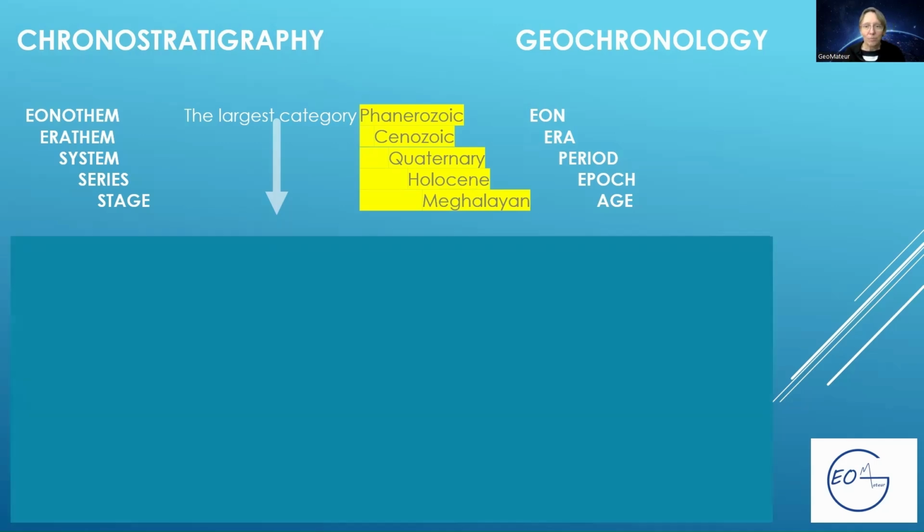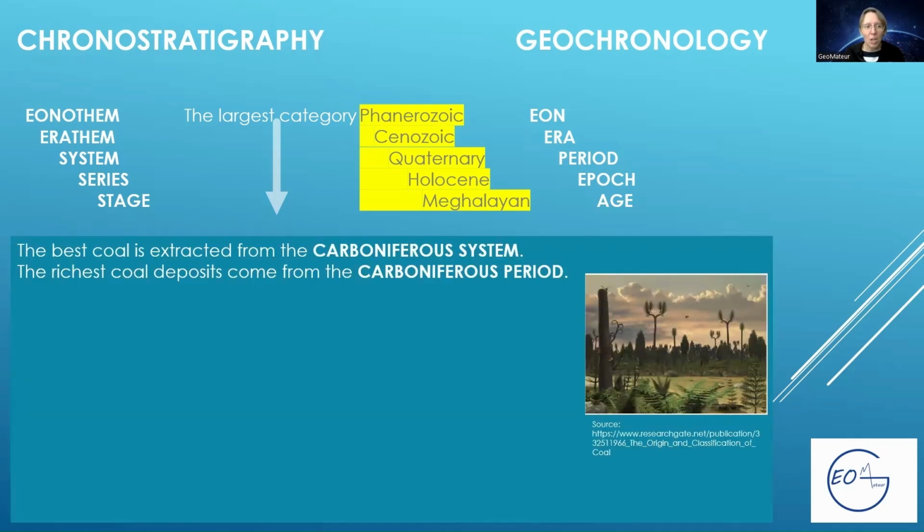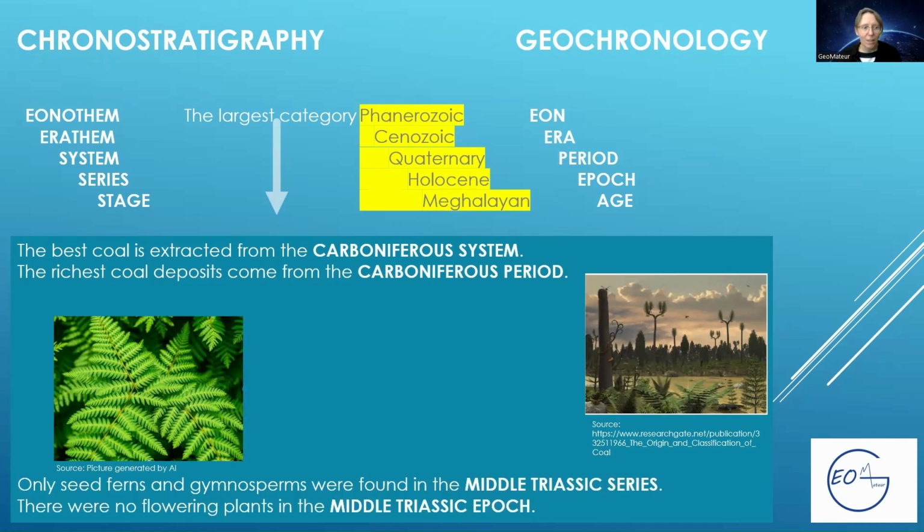Another example, the best coal is extracted from the Carboniferous system. And again, we are using a chronostratigraphy term because we are describing rocks. The richest coal deposits come from the Carboniferous period because we are talking about time.